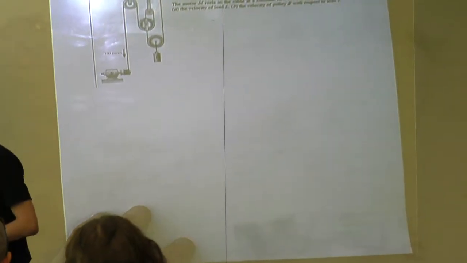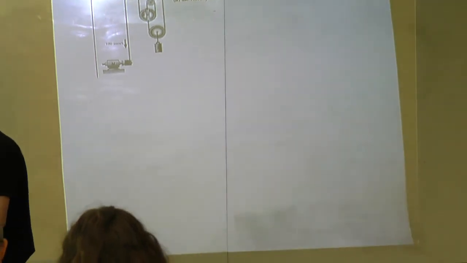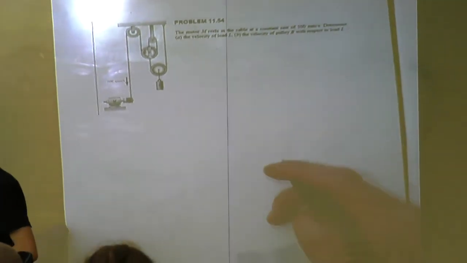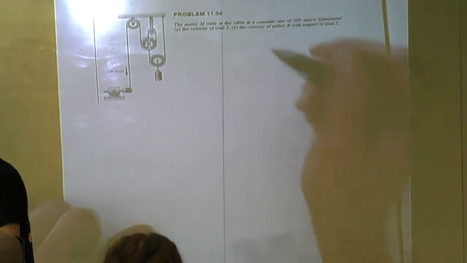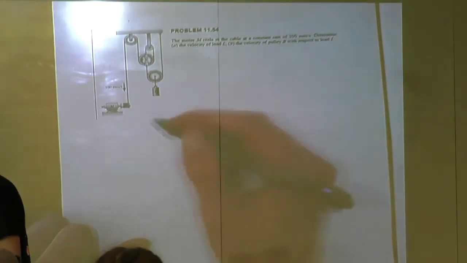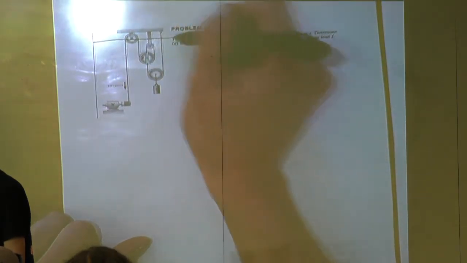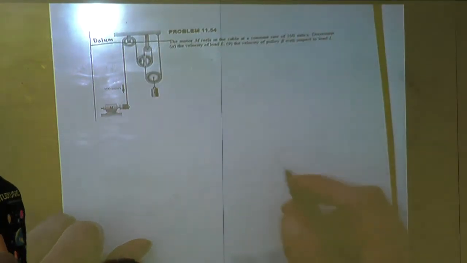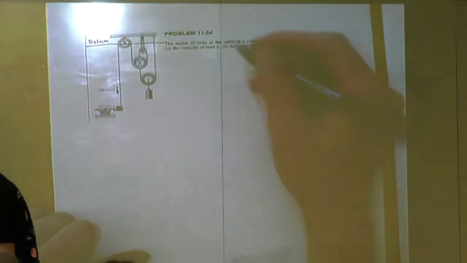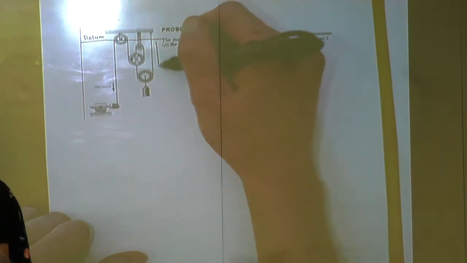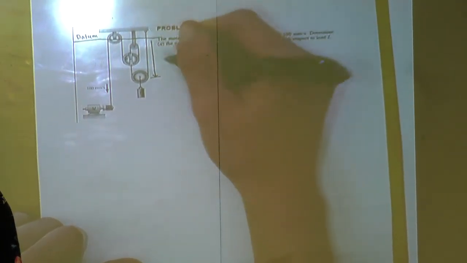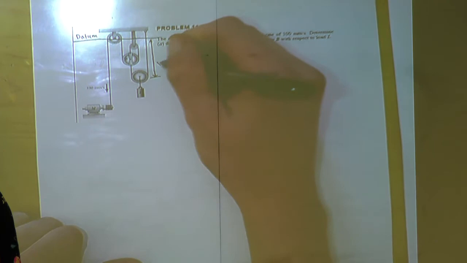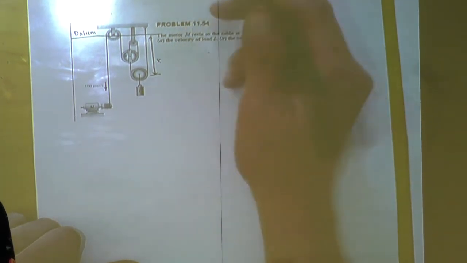All right. So with this first problem, these are kind of tricky. I feel like a lot of people had problems with them, so I just threw one in here. The main thing you always want to start with is choosing your datum, and you want to set the distances for all the important parts of whatever you're looking at.